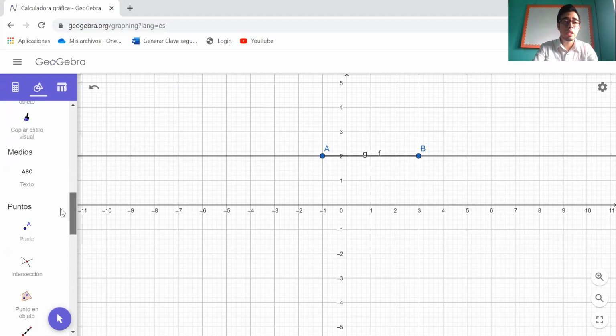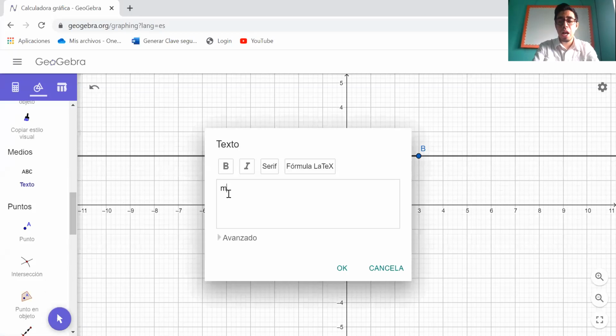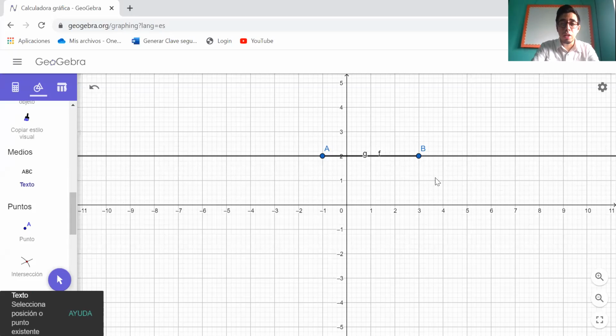I'm going to use the text, so I write in here. If we want to find the slope M for this, I cannot move in here. Okay, but I'm going to read with you the example. You have 2 points. I'm going to write the coordinates, so you can see it.